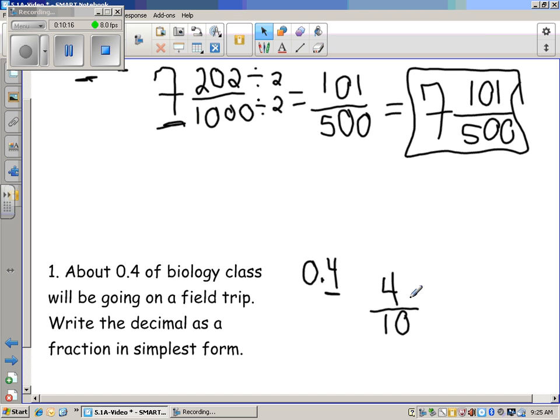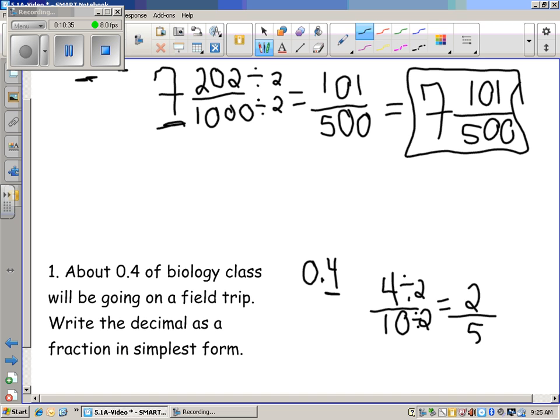And then looking at this, I know that it is not in simplest form, so I'm going to divide the numerator and the denominator by the greatest common factor, which is 2. 4 divided by 2 is 2, and 10 divided by 2 is 5. 2/5 will be our final answer.